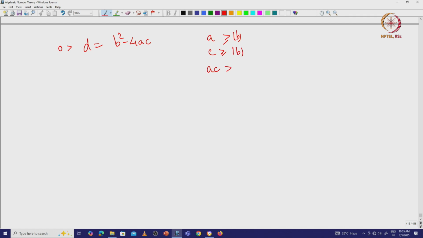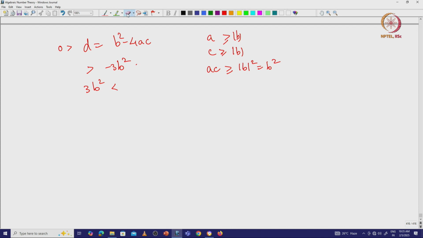So, AC is bigger than or equal to mod B squared, which is the same as B squared. So, instead of subtracting AC, if you subtract a smaller quantity, you get minus 3B squared.